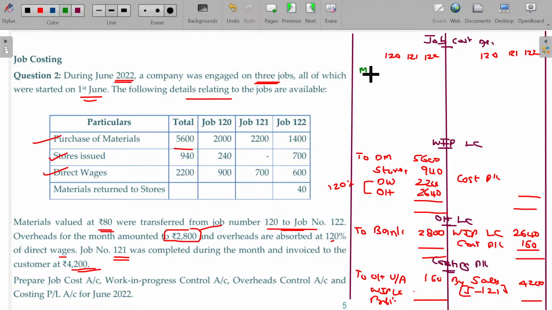Direct material 2,000, 2,200, 1,400. And stores, 240 and 700. Direct wages, 900, 700 and 600. Materials returned to store, 40.